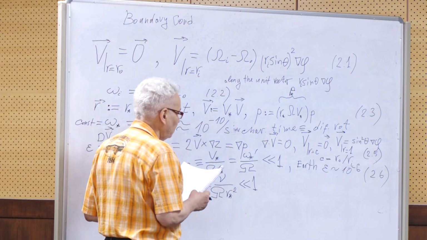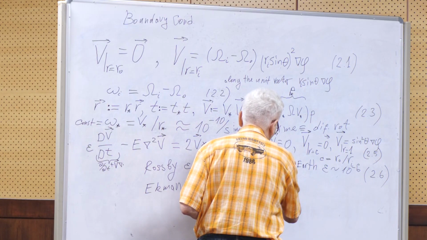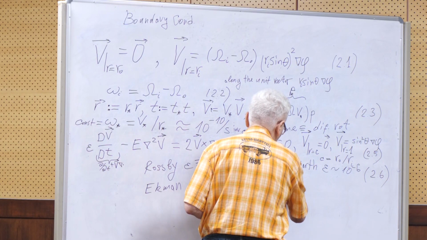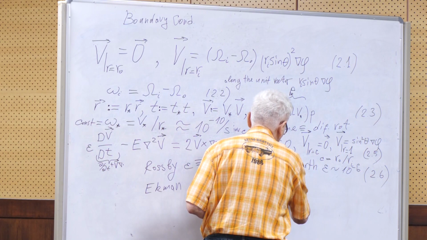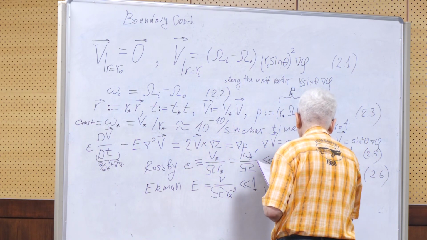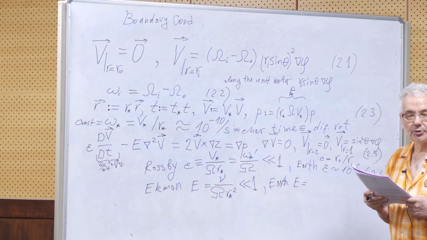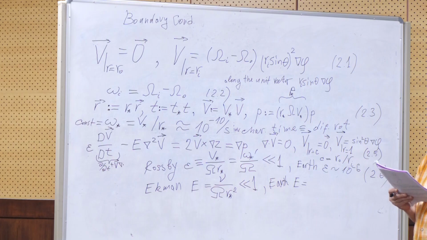But here the situation is even more dramatic, because for the Earth this epsilon, if we consider the real molecular value, which is possible not only to identify with seismic waves and so on, but even to make in an experiment.